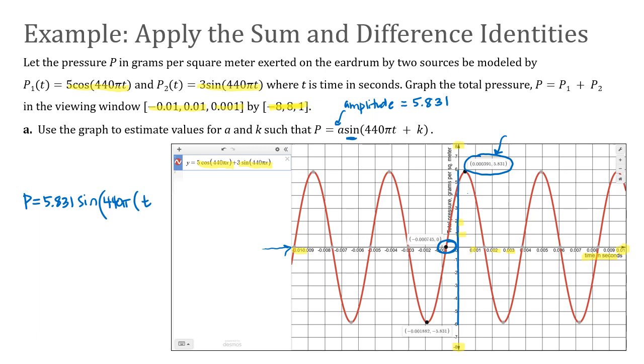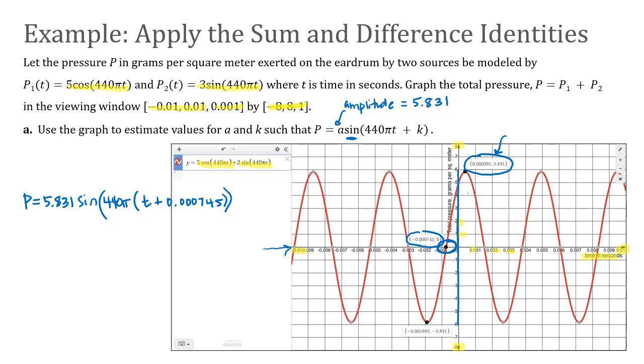Now I'm moving to the left, so I'm going to say plus, and that shift, it looks like, do you see what this says here? It says negative 0.000745. Well, I'm just going to use plus 0.000745 because the movement to the left takes care of that negative.